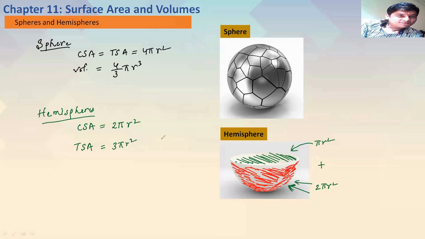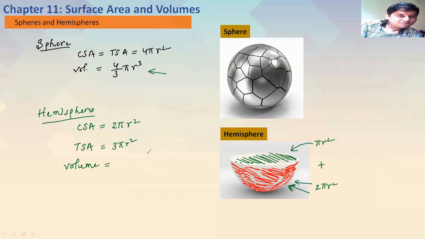What is going to be the volume? Just half of the sphere. What is it going to be? Half of this, Raghav. There is nothing to it. Like half of 4 by 3.